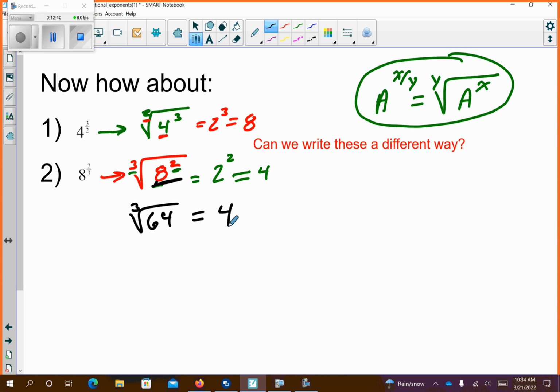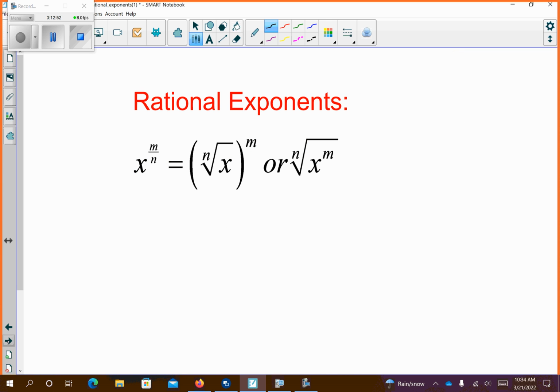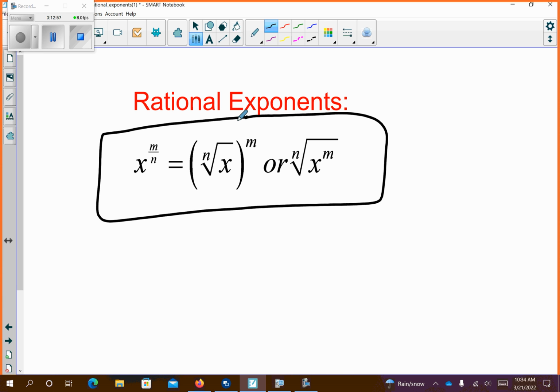Sometimes it's easier to do the exponent on the number and then take the root. Sometimes it's easier to take the root of the number and then raise it to the exponent. It's going to get the exact same thing. It's the same order of operations. So as you see, this is the rule. I used a couple different letters, but do you see where the rules take place?